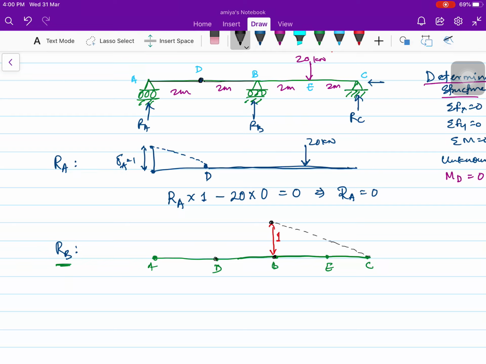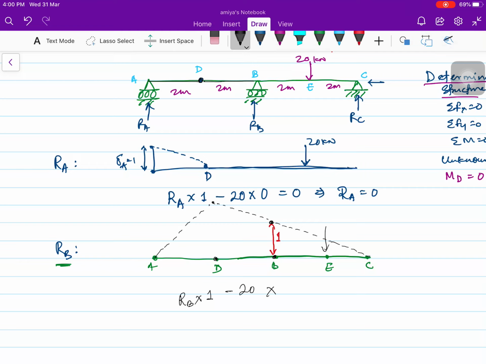Because this is a hinge joint, this will move up like this, and then again at the support it will be 0.